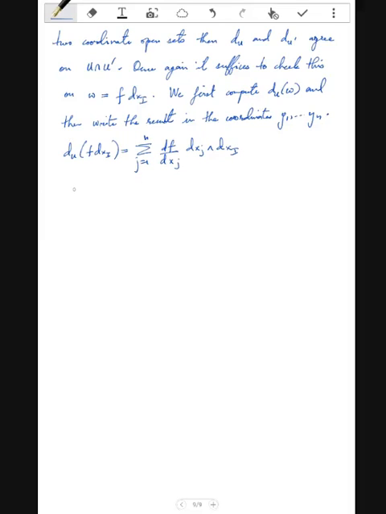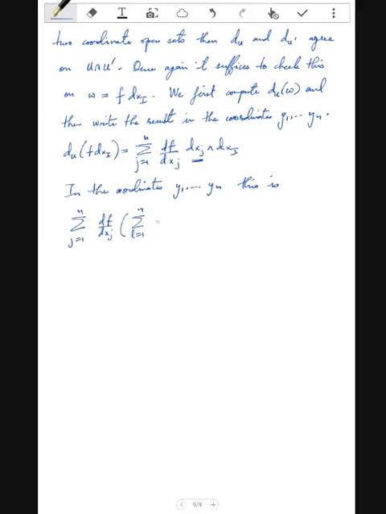And in the coordinates y1 through yn, this is summation j equal to 1 to n df by dx_j, with dx_j written in terms of the y_i's, which is something we had done in the beginning of the course.